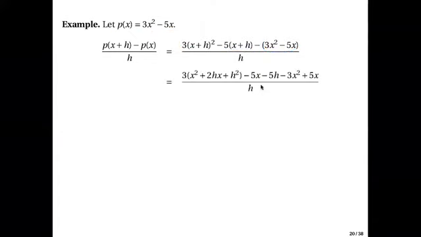And you will get something like this. So you expanded x plus h squared: x squared plus 2hx plus h squared. So practice on your expansion if you don't get this immediately.